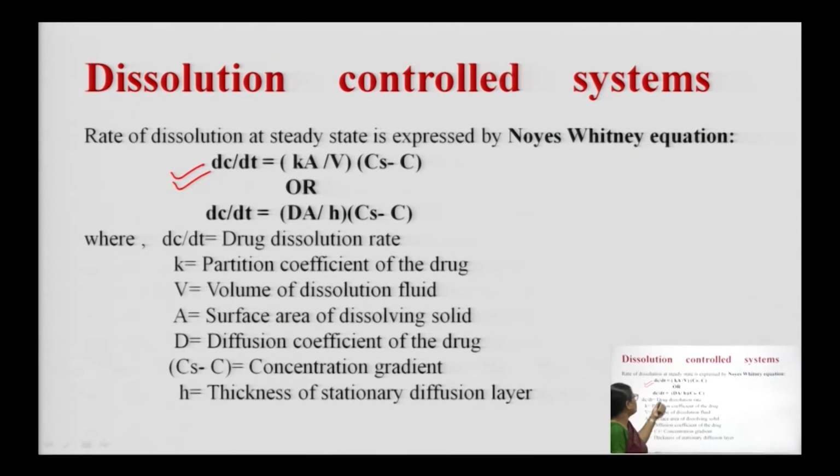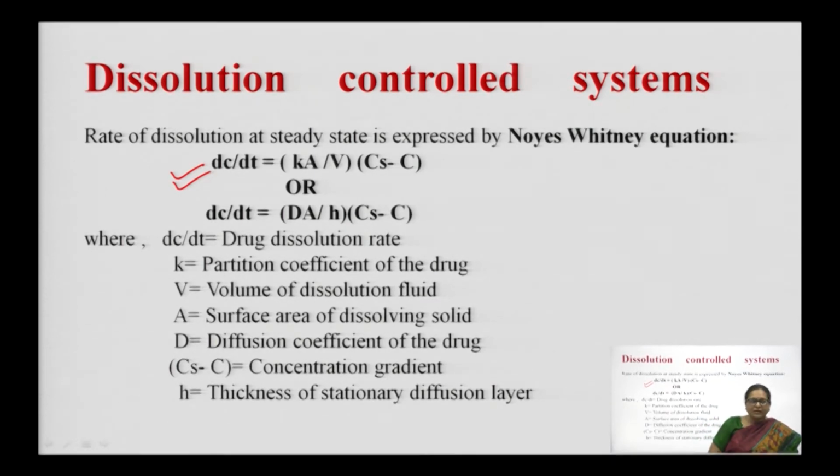This is equal to (K·A/V)(Cs − C), where K is the partition coefficient of the drug, A is the surface area of the dissolving drug, V in the denominator represents the volume of the dissolution fluid, and Cs is the concentration of the drug in the bulk stationary diffusion layer, and C is the concentration of the drug in the bulk of the liquid.